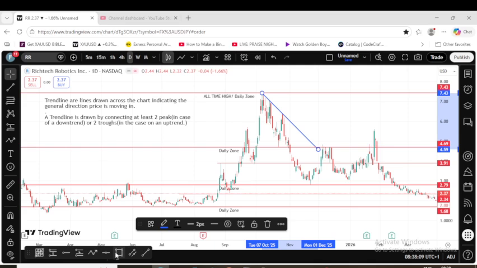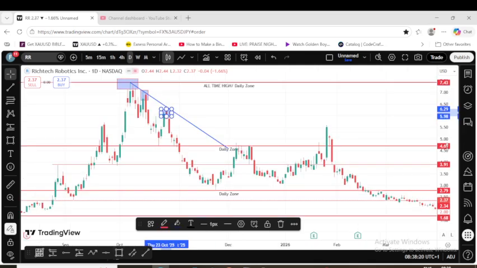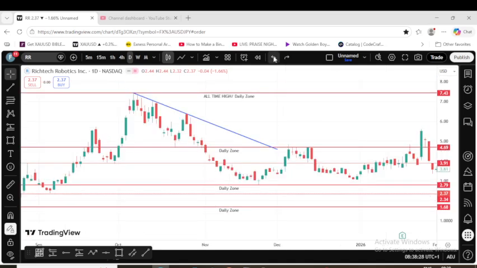Let me zoom into the chart so that you can see it very, very clearly. You can see them right here. I could also draw my trend line like this. This is more appropriate. It's more appropriate for me to draw my trend line like this, considering that I'm on a higher time frame.